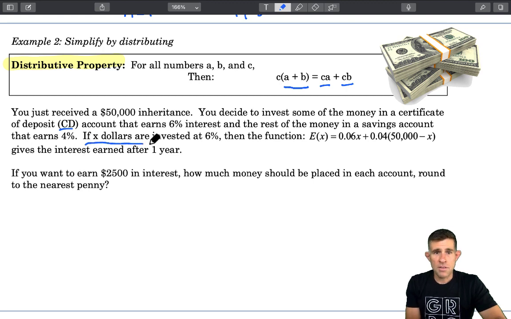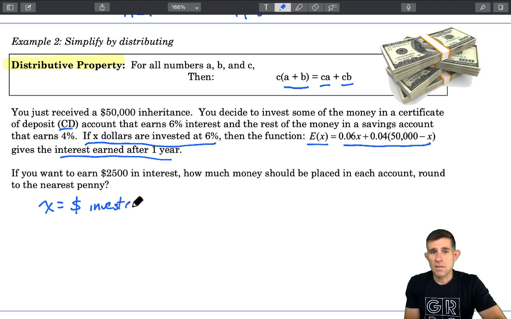If x dollars are invested at 6%, then the function E of x, which is given by this equation here, gives you the interest earned after 1 year. So let's just make sure we understand our variables. x equals the money invested at 6%. Okay, that's your CD. And then E of x is the interest money that's earned after 1 year.